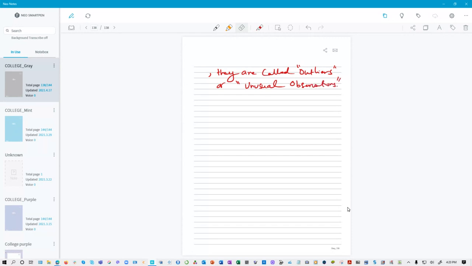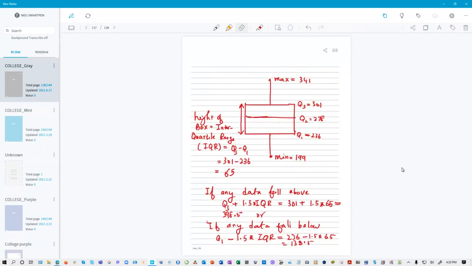Okay, unusual observations. So therefore, let's do some kind of adjustment for this box plot again. Somewhere here, I'm going to find the upper boundary to get the outliers. That upper boundary is what we already found, 398.5.